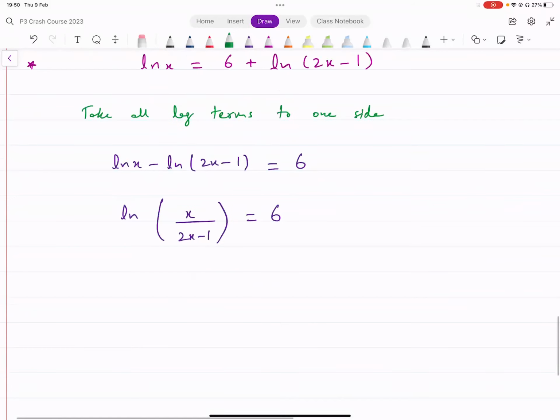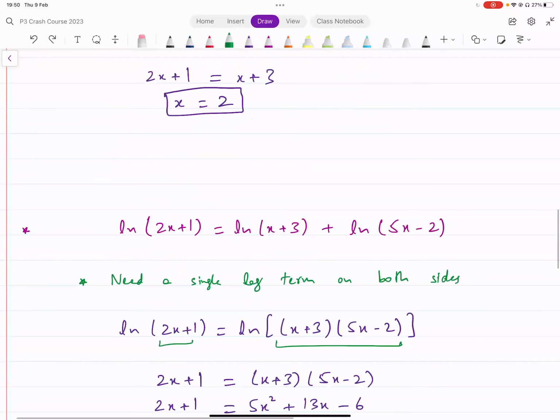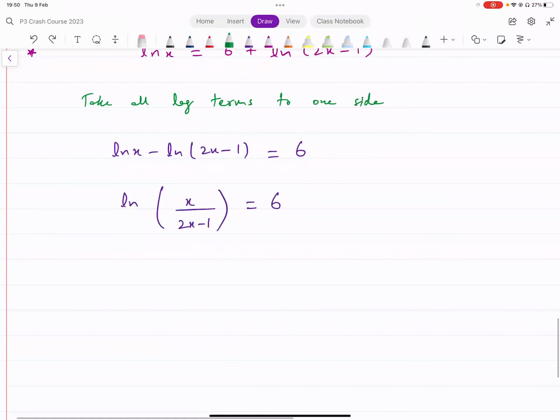Right, so ln has a base e, remember? You can take this base to the other side and make it the base of the number 6. And that is going to get rid of the log here, and you're going to be left with x over 2x minus 1 equals e raised to power 6.